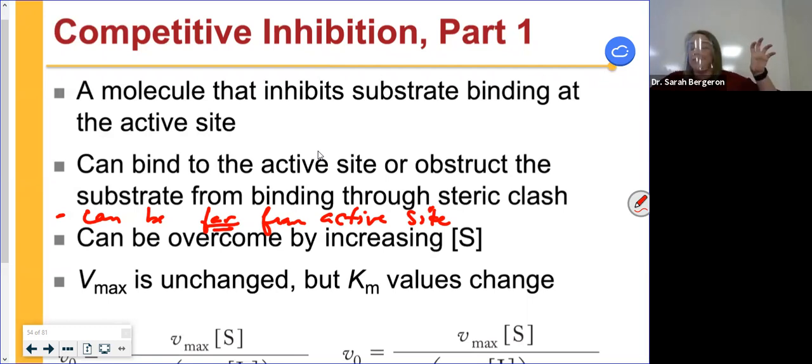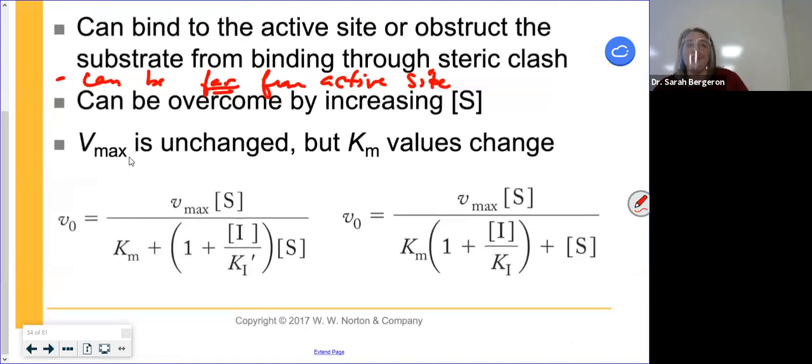If it's competitive and that enzyme can only bind one thing, either it's binding the inhibitor or it's binding the substrate, but only one. Whichever one you have more of is what that enzyme is going to be bound to, right? So if you have more inhibitor, the enzyme is inhibited. If you have more substrate, the enzyme is active, right? Okay. So by that definition, Vmax is unchanged. What is Vmax?